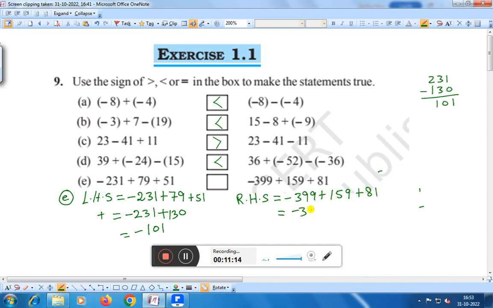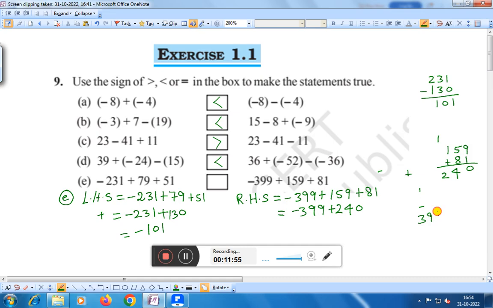We are getting minus 399, plus 159 plus 81. 9 plus 1 is 10, carry 1, it is 0. 5 plus 6, 6 plus 8 is 14, carry 1, here 4. 1 plus 1 is 2, 240.